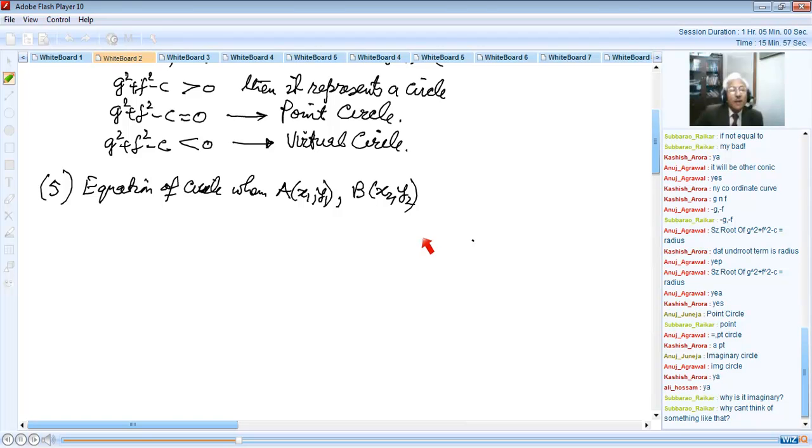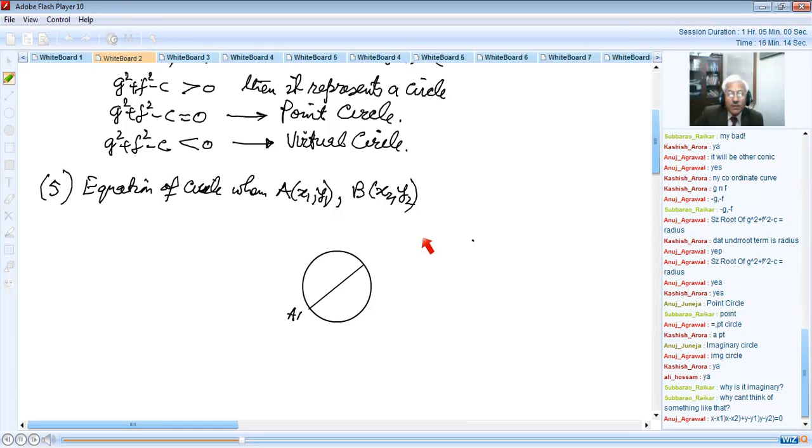That means we have a circle over here, and we have a diameter here, with this point x1 y1 and this point x2 y2. These are the endpoints of a diameter.